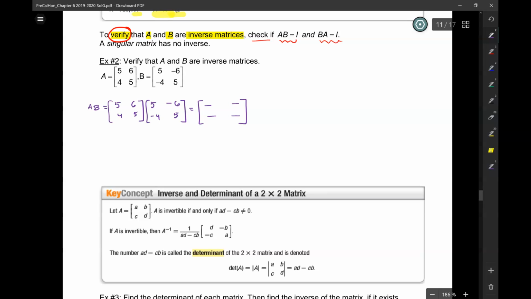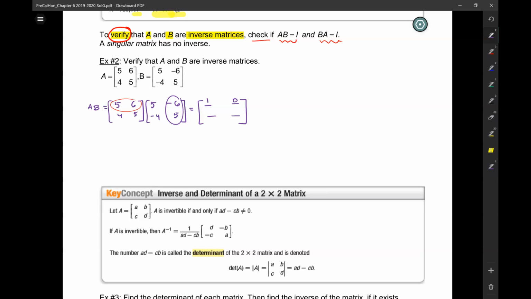All right, so row 1, column 1, what am I going to get? 25 minus 24, 1. Right? Now, row 1, column 2, negative 30, positive 30, 0.